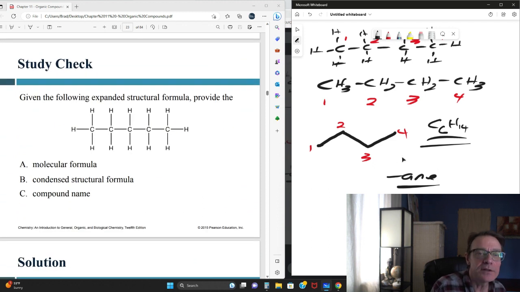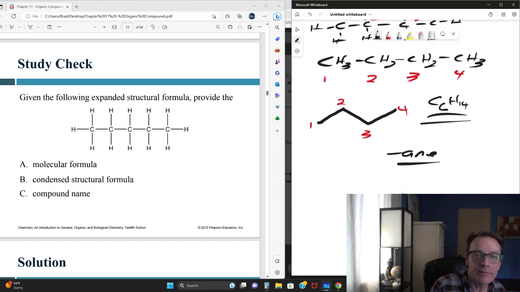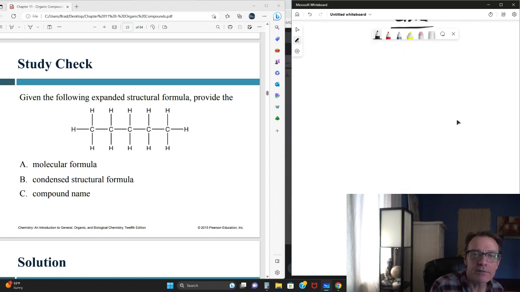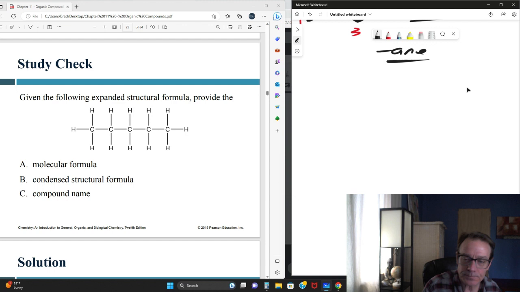So let's look at this example and see how we are tracking. Given the following expanded structural formula, provide the molecular formula. The molecular formula is both the carbons, 1, 2, 3, 4, 5 carbons, so we know it's C subscript 5, and the number of hydrogens, 1, 2, 3, 4, 5, 6, 7, 8, up to 12.